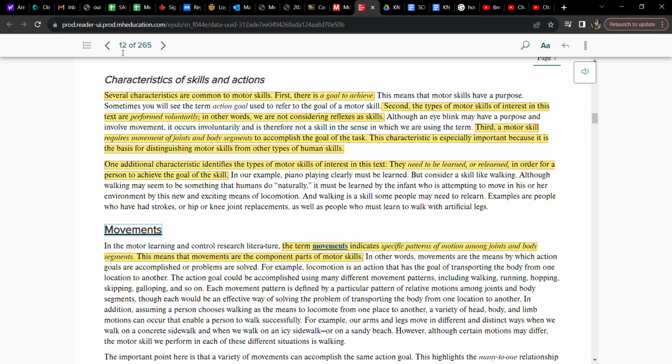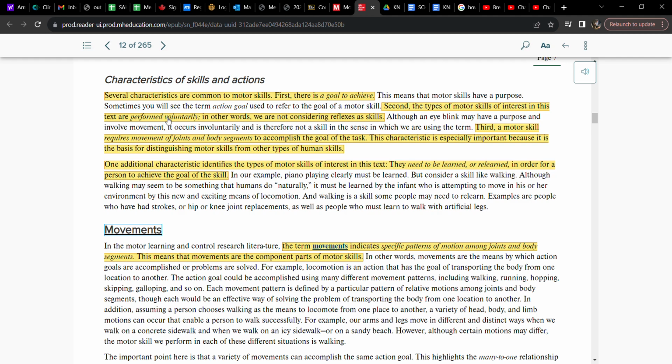Next is the characteristics of skills and actions. So we already know there's a goal to achieve. We talked about that in skills. We know they're performed voluntarily, right? This isn't like your heart beating. Your heart beating happens involuntarily. It's not like breathing. You breathe involuntarily. That's not a skill. That can be considered, I guess, a movement, but it's involuntary versus you actually physically doing it on your own.